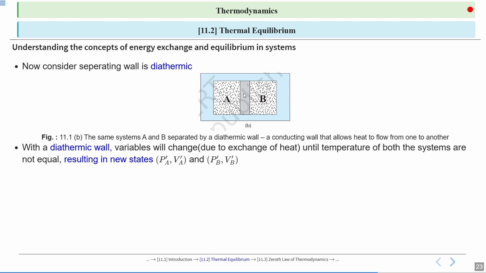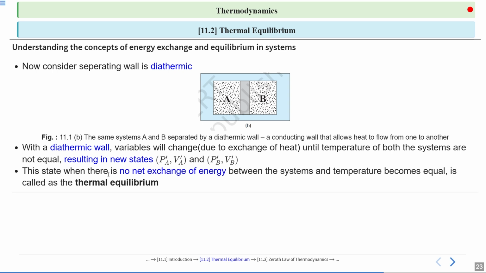It means that due to this diathermic wall there is an exchange of heat, so in the new states the pressure and volume will be changed. This state, when there is no exchange of energy between the systems and the temperatures become equal, is called thermal equilibrium.